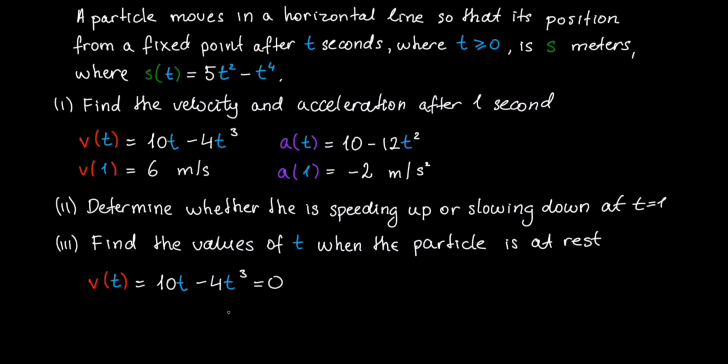Here, I can tell you that there are two answers. One of them is going to be t equals 0. It makes sense. In the beginning, the particle is always at rest. And then the other answer is going to be the square root of 5 over 2. And this is approximately 1.85 seconds.